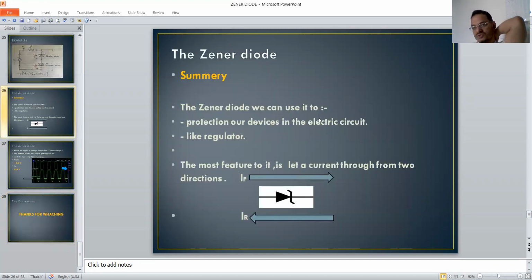Let's do some simple similarity to these two lectures. The Zener diode can be used, like I said many times, as a voltage regulator to protect our devices in electric circuits. The most interesting feature, which makes me very interested in this topic, is that it lets current through in two directions, like forward bias and reverse bias.